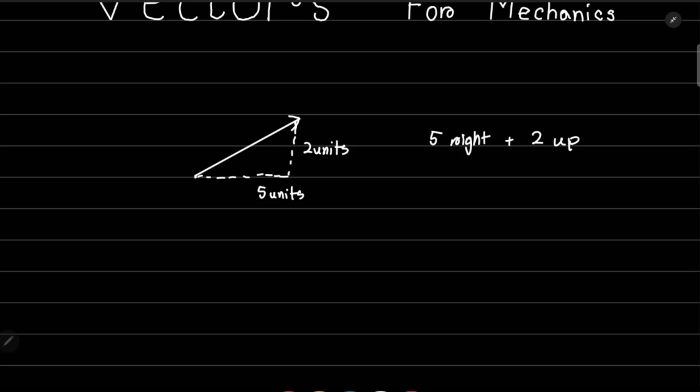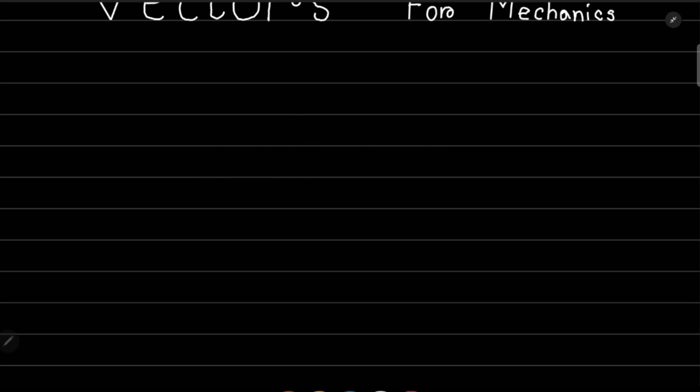Now instead of writing right, up, or xy, we use a notation called ij notation. In this case, the horizontal axis towards the right is labeled i and the vertical axis is labeled j.